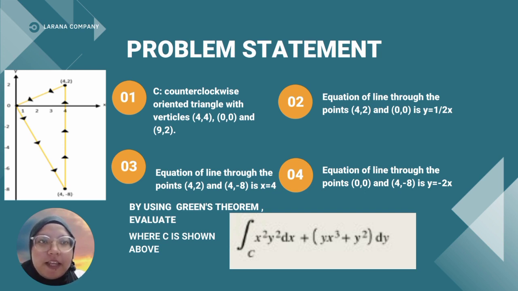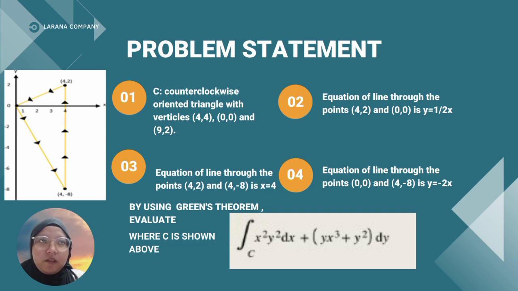Firstly, we consider C as the counterclockwise oriented triangle with the vertices at (4, 2), (0, 0) and (4, -8). So next, the equation of the line through the points (4, 2) and (0, 0) is y equal to 1/2 x.